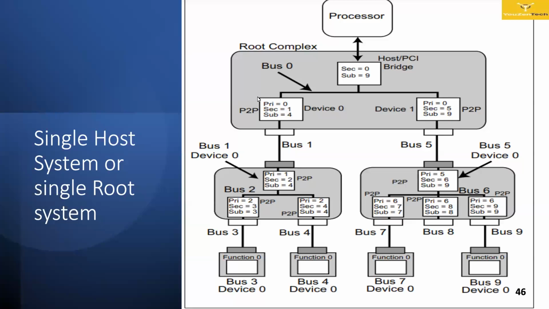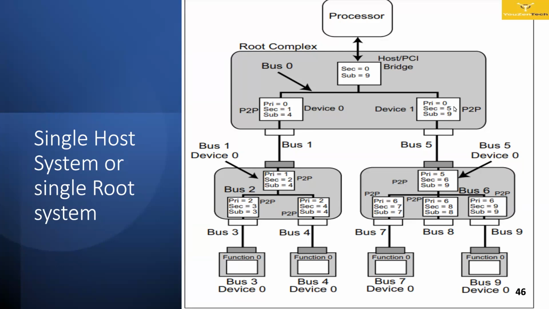For this bridge, primary is 0, secondary is 1, and the subordinate bus number is the maximum bus number you see below it, which is 4. From this bridge's point of view, the maximum bus number is 4.